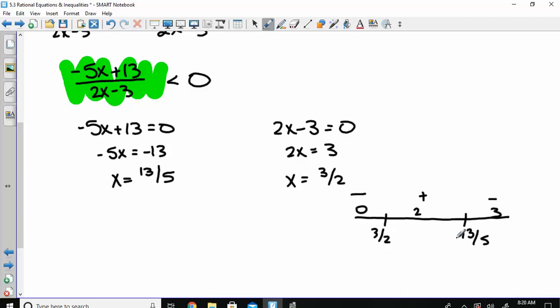I do want to warn you, most of the time these signs are going to switch, but it is possible to have 2 positives in a row or 2 negatives in a row. So just know that that can happen.